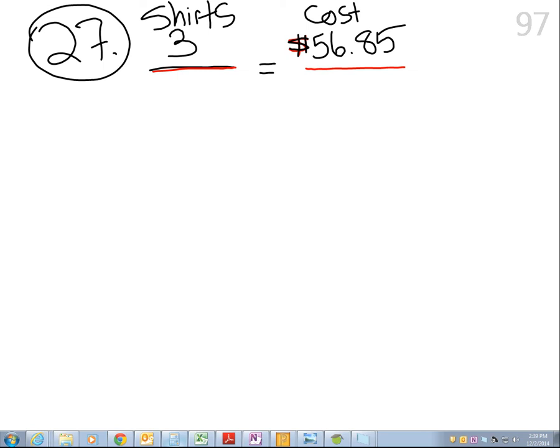Then we have X shirts for $132.65. Now we're going to cross multiply here.